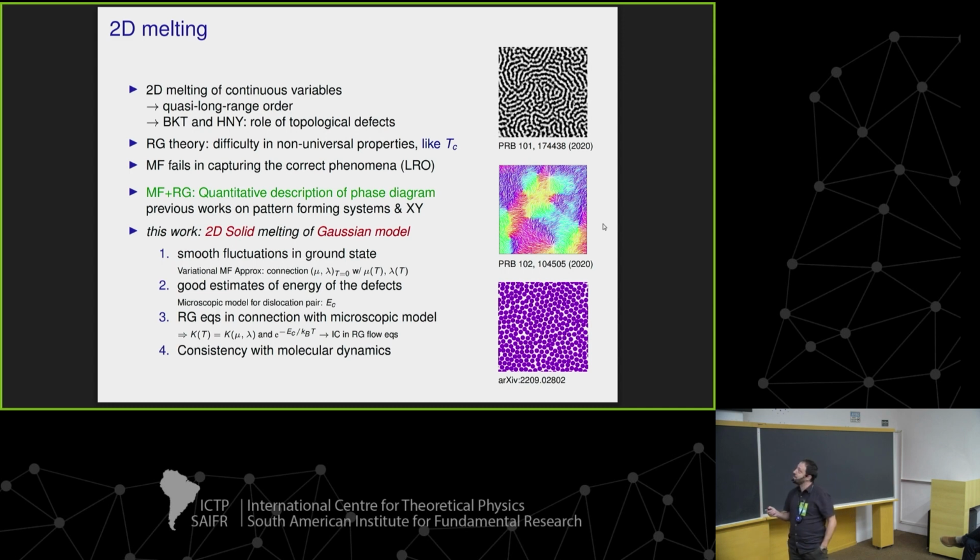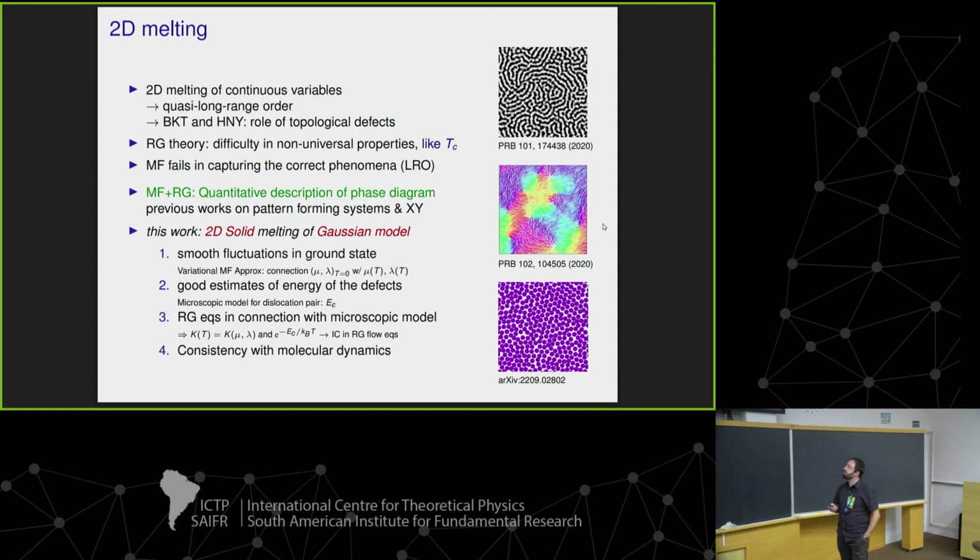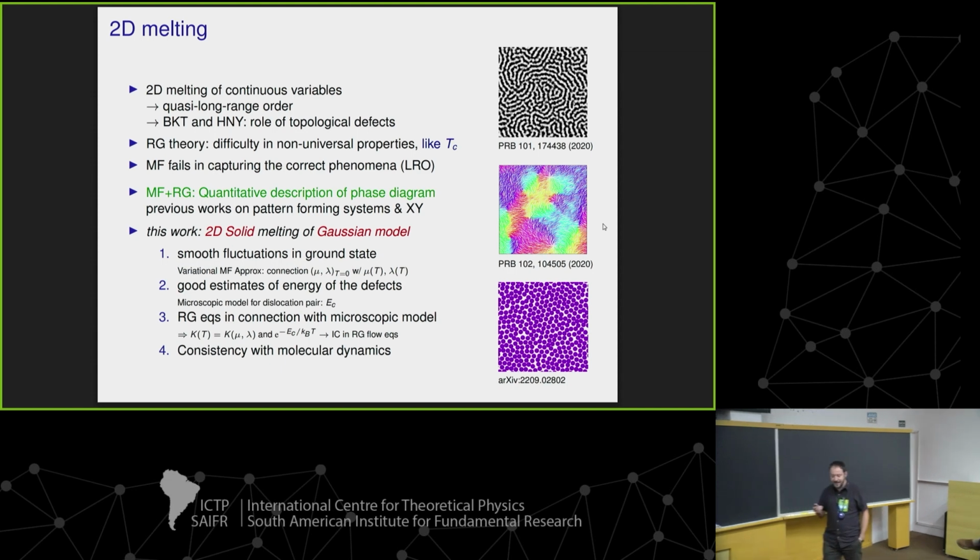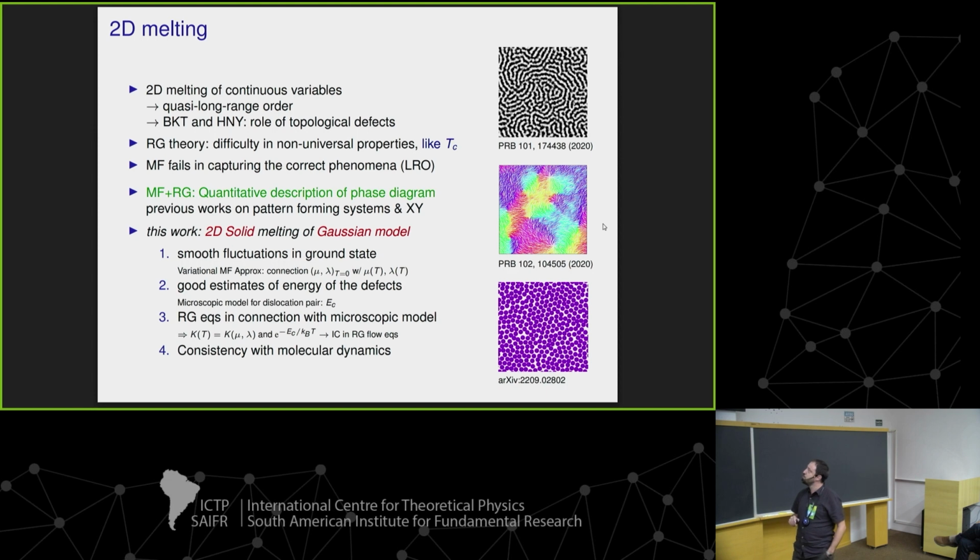And what Berezinskii, Kosterlitz, and Halperin, Nelson, and Young showed is that the topological defects play a special role in these phase transitions to a disordered phase at higher temperatures.